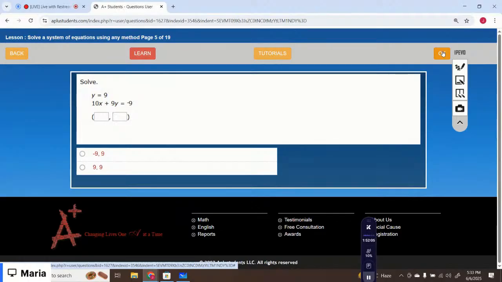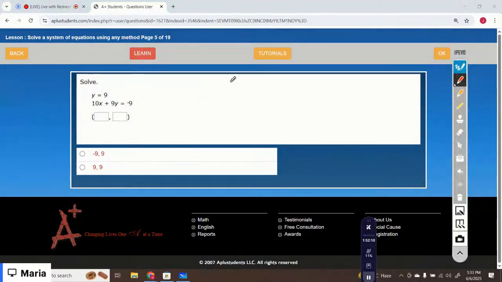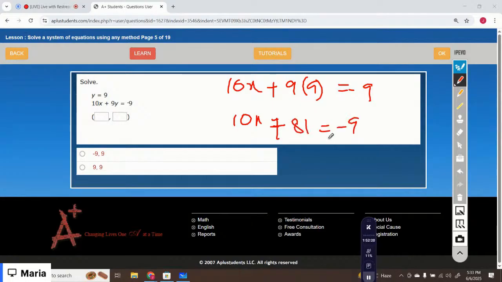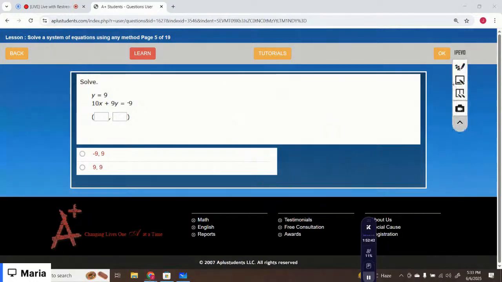So let's just substitute y equals 9 in the second equation, that is 10x plus 9 times 9 equals negative 9. 10x plus 81 equals negative 9. 10x equals negative 9 minus 81. So 10x equals negative 90. X equals negative 9. So option number 1 is the correct option, that is negative 9 and 9.